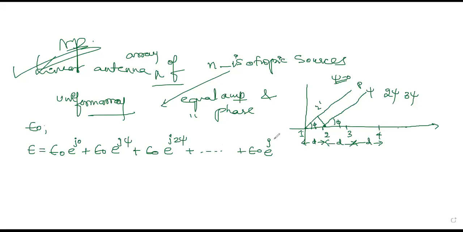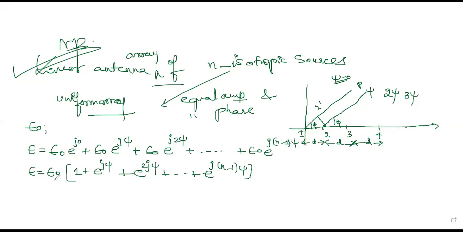So instead of n, the last pattern will be n minus 1 xi. From this, now take out E0 common. So you will be left with e to the power j0, which is 1, plus e to the power j xi plus e to the power 2 j xi, until e to the power j n minus 1 xi.